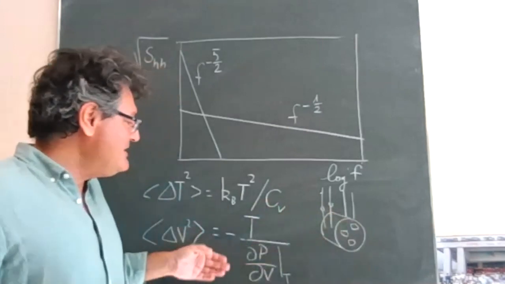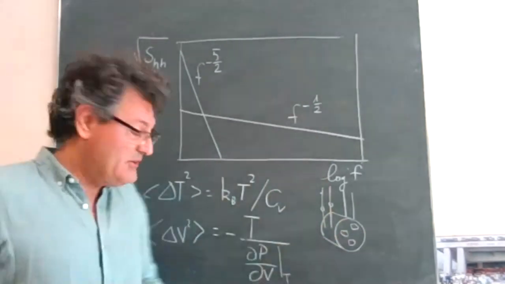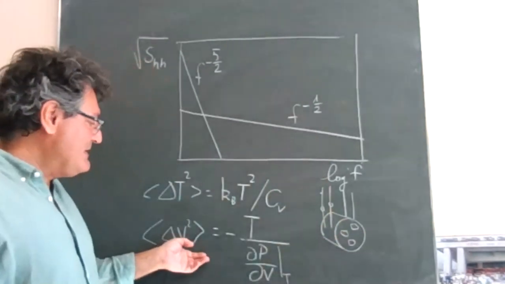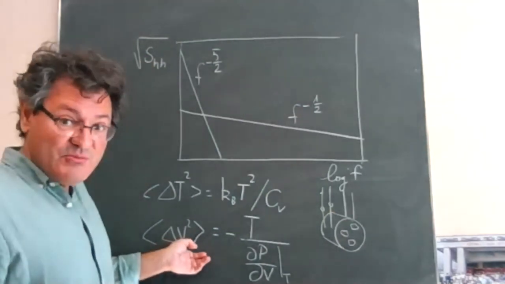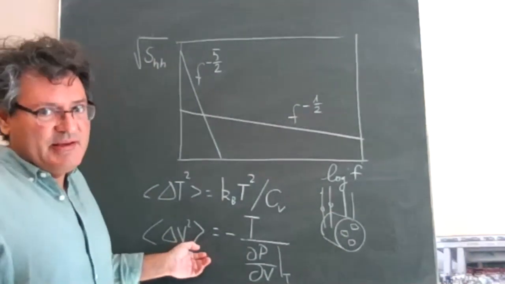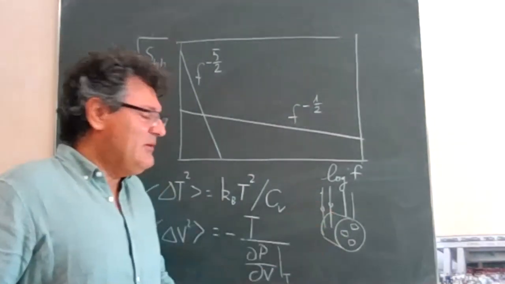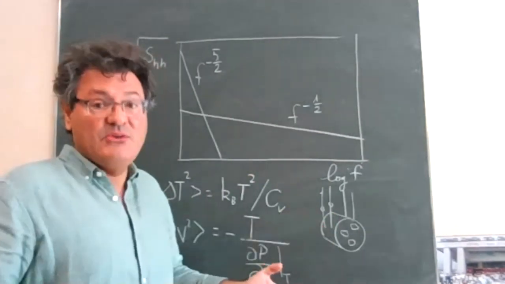So if we want to calculate the overall effect of thermal noise from independent volume fluctuations, it's really complicated, because all parts of the test masses are connected.